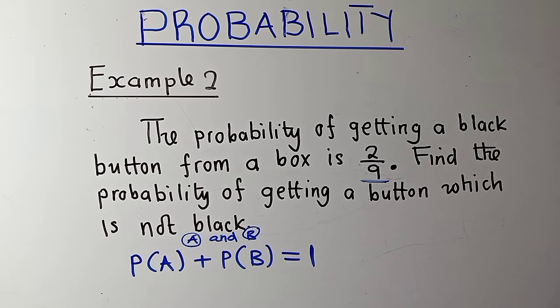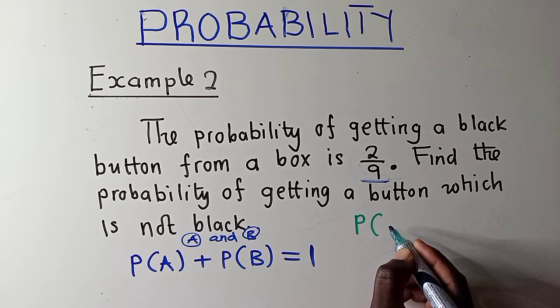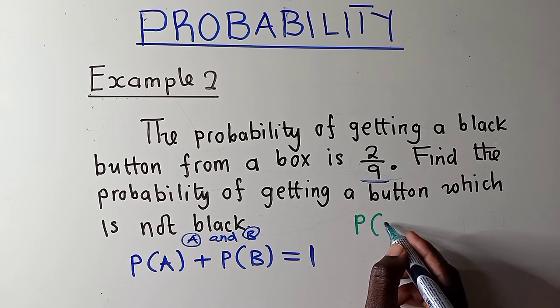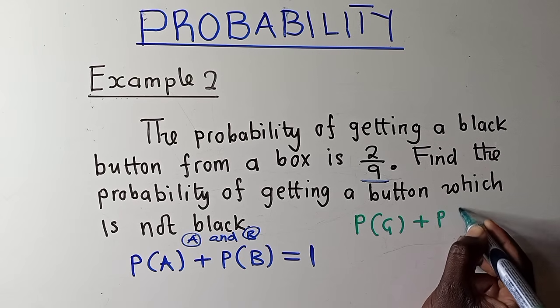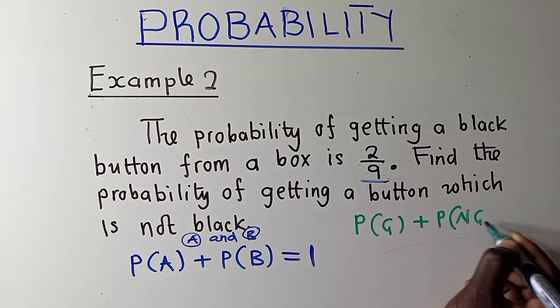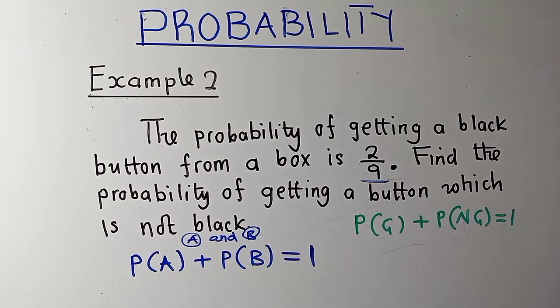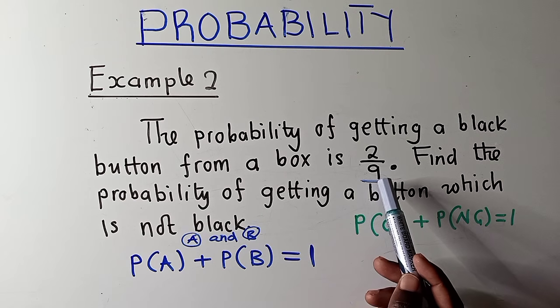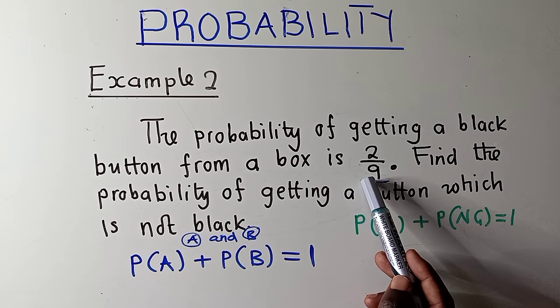So we will say probability of getting, I'll just write the word G, plus probability of not getting must give you a 1. This is a concept that we must use. What probability have we been given here? This is the probability of getting.